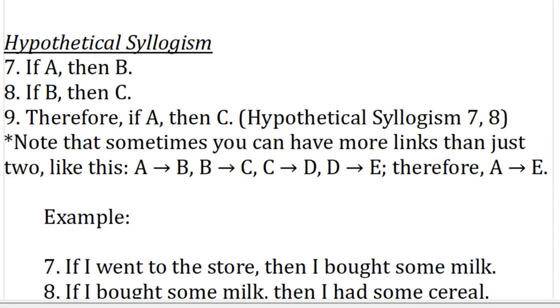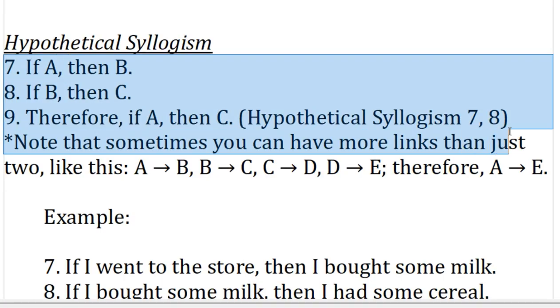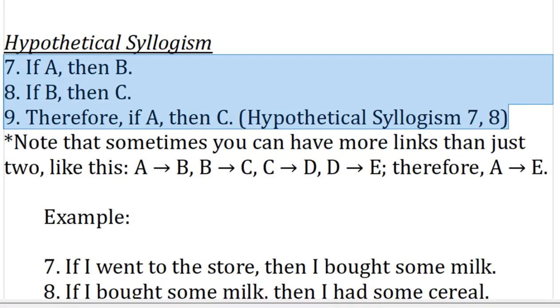Hypothetical syllogism. Here's how this rule goes. If A, then B. If B, then C. Therefore, if A, then C. Now, one thing to note before I talk about this a little more is that you can have more links in this chain than just two.